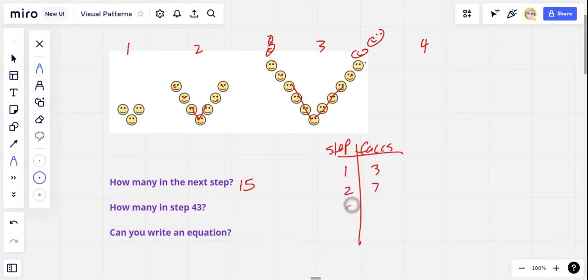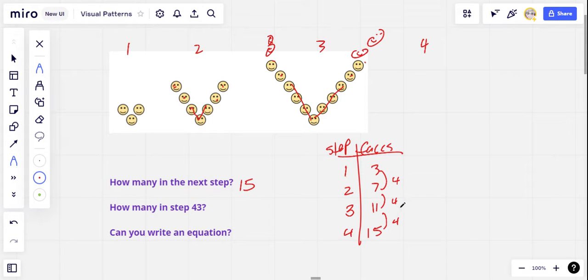In step 3, we have 4 more, so it's 11 faces. And in step 4, we're predicting the 15 faces. And then we look at the differences. So between steps, 7 minus 3 is 4, 11 minus 7 is 4, 15 minus 11 is 4. And this should make sense, right? We're adding 4 faces every step, so the difference between steps should be 4.